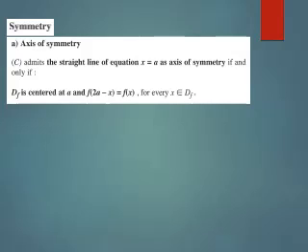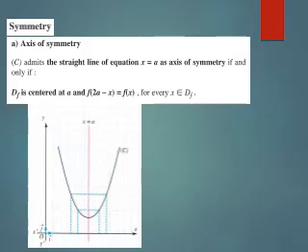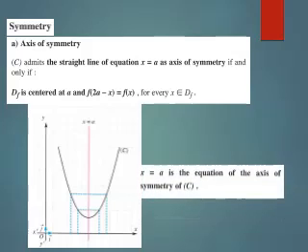I replace a by the value of the axis of symmetry, and I check if it is an axis of symmetry or not. For example, here the axis of symmetry is not y prime y, but it's also a vertical line. So x equals a is the equation of symmetry.